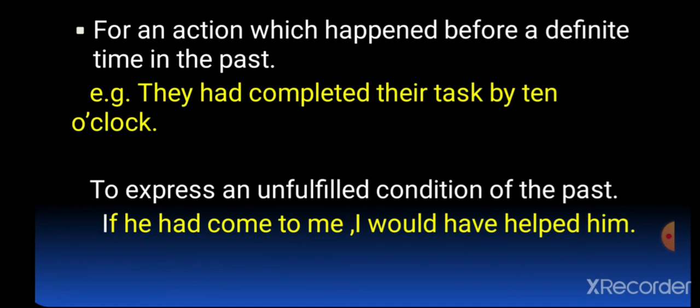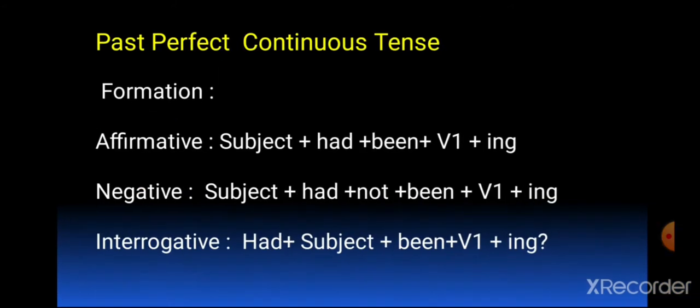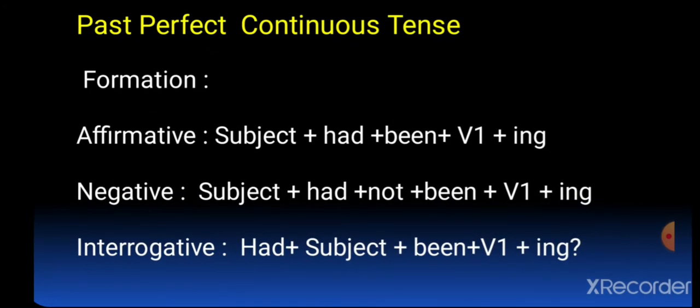Now students, let's move on to the past perfect continuous tense. First of all, let's see the formation. To make an affirmative sentence, first of all the subject should be there, then had plus been plus the first form of the verb plus ing.